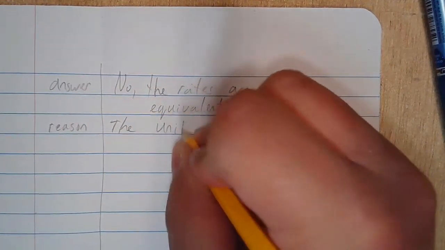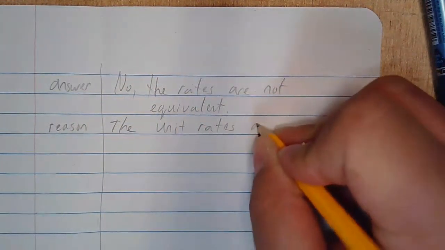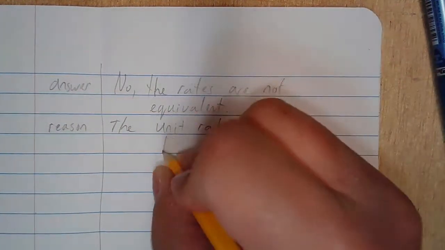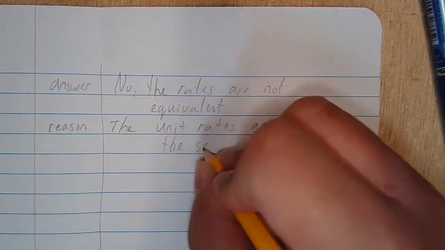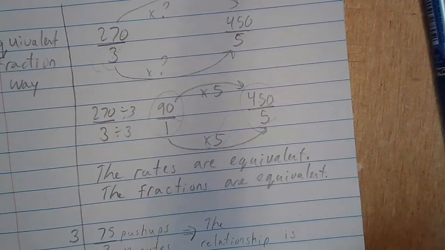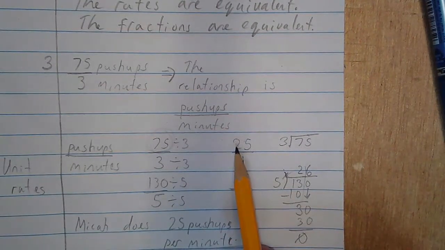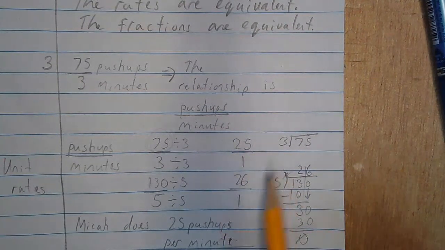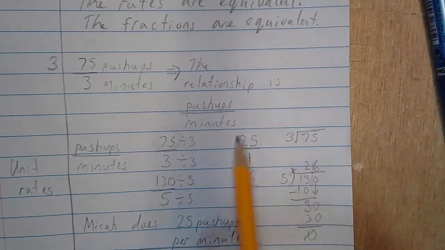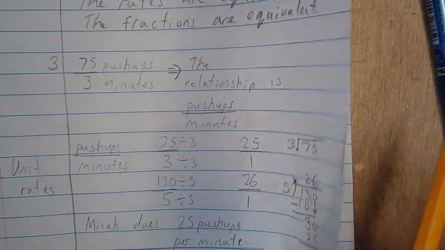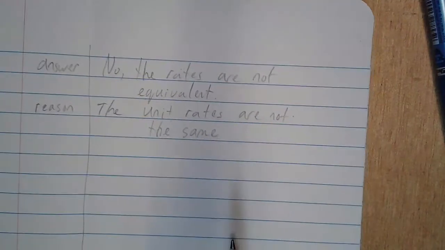The unit rates are not the same. Now see, in this case, we can say either, well, if they were the same, we could say they're equal because they're the same numbers, but they're not even that. So they're not the same. They're not equal. And there's the answer, there's the reason.